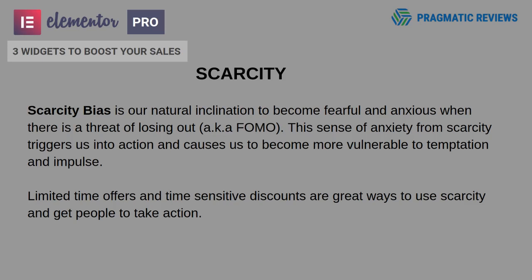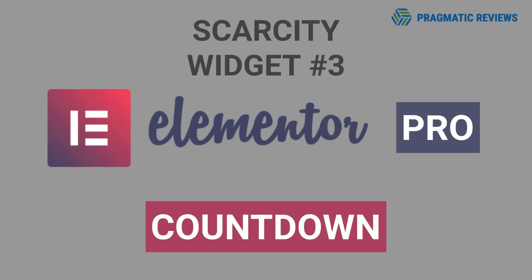So limited time offers and time-sensitive discounts are great ways to use scarcity and get people to take action. Let's see then another Elementor Pro widget to show limited time offers to use scarcity and get people to take action. This is the countdown widget.